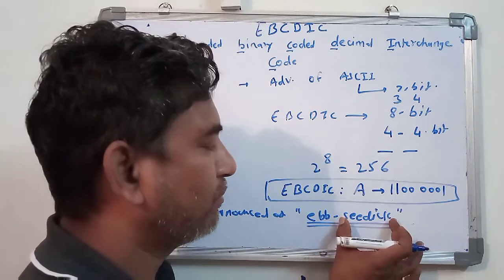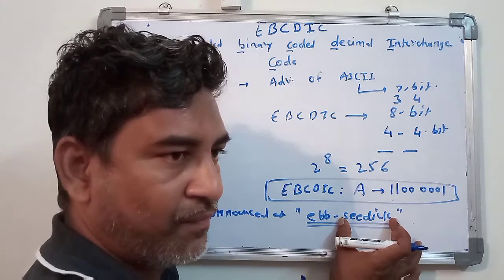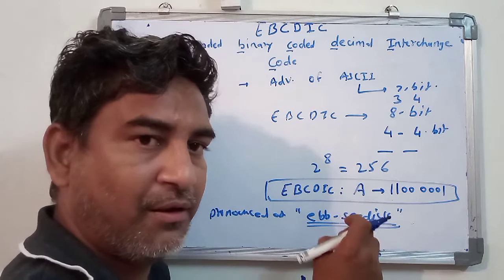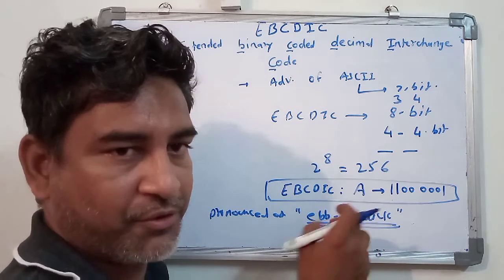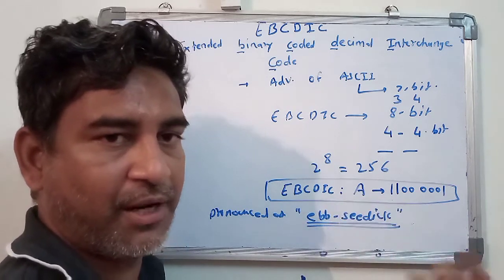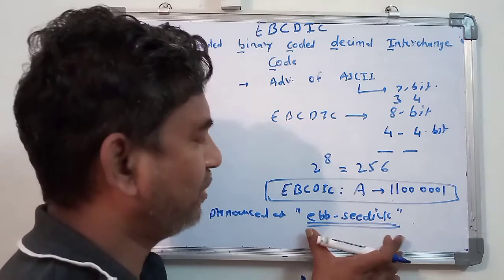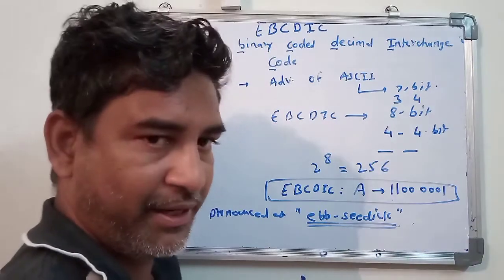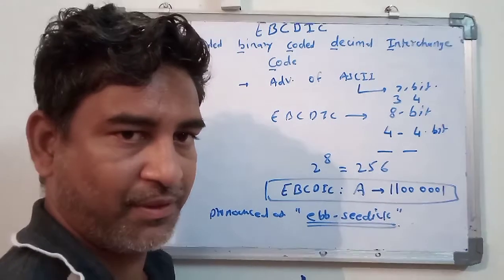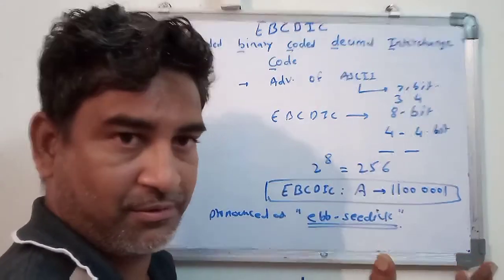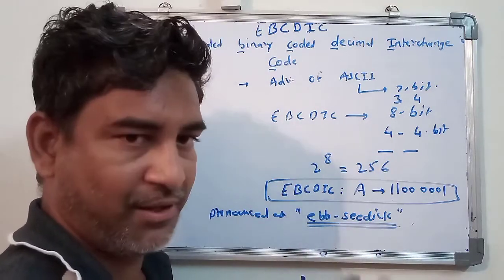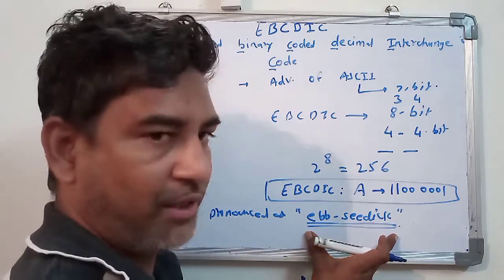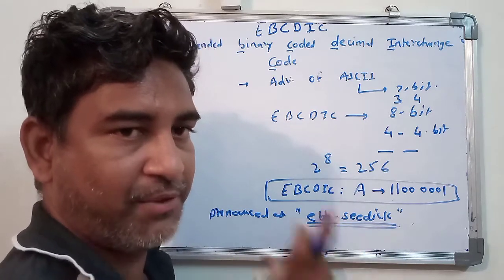If a wrong spelling is written, then in the examination you will lose credit for that particular question, whether it is of 4 marks or 3 marks. So you have to keep this spelling in your mind. As previously I told you the ASCII spelling, here the EBCDIC spelling is very much important to you.